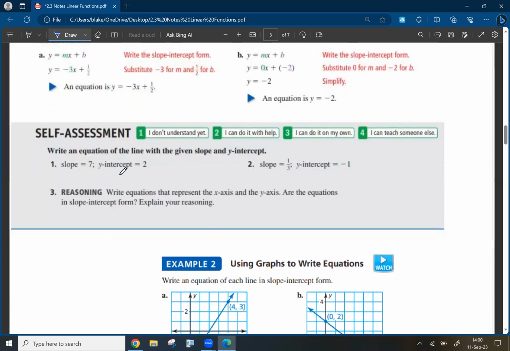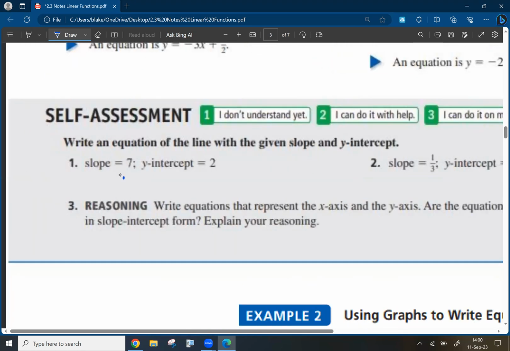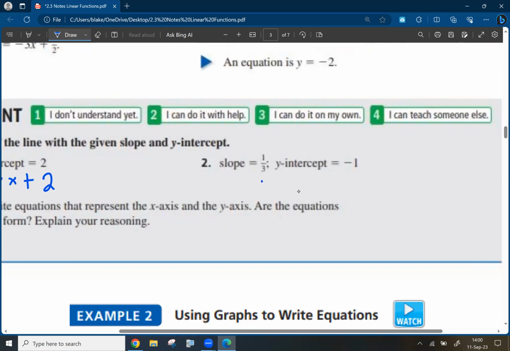So for our first example, slope of 7 and y-intercept of 2, y equals mx plus b. The slope being 7 means m is going to be 7, and the y-intercept being 2 means the b is going to be 2. So we have 7x plus 2. For number 2, again, y equals mx plus b. Our slope is 1/3.